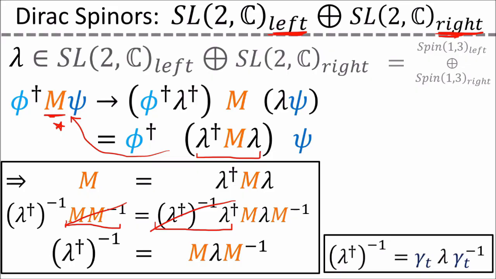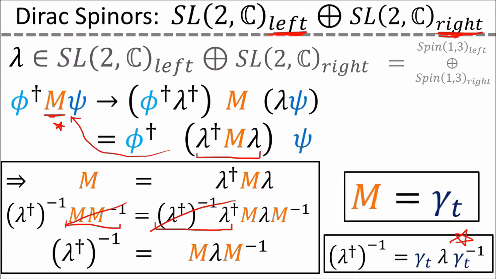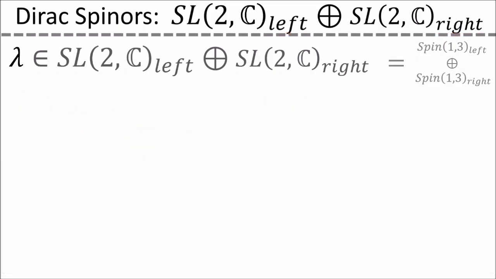But this looks exactly like the equation we saw a few minutes ago for parity transforming lambda using gamma t. What this tells us is that our matrix M is exactly gamma t. So our scalar product for Dirac spinors is phi dagger gamma t psi.